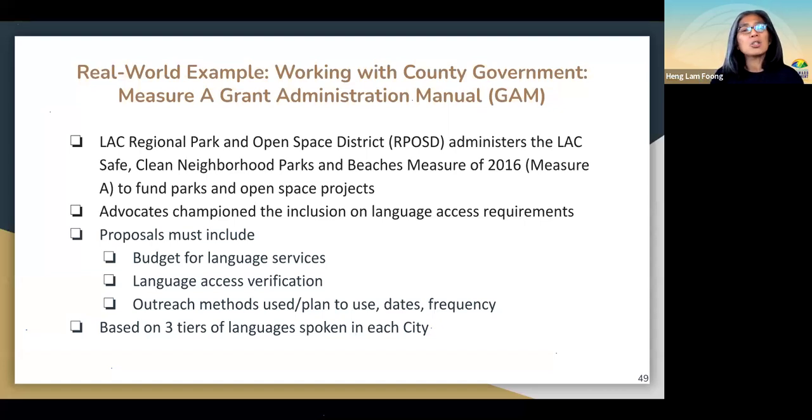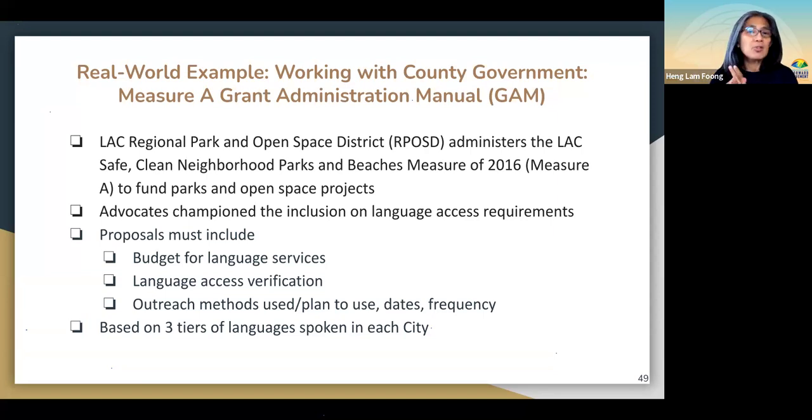So what advocates actually did was champion the inclusion of language access requirements in the RFP. It's like asking a funder, if you're funding someone to do work in a community that has a high number of LEP community members, can they tie that funding to a requirement? So this particular funding stream required that proposals submitted for funding must have a budget for language services.